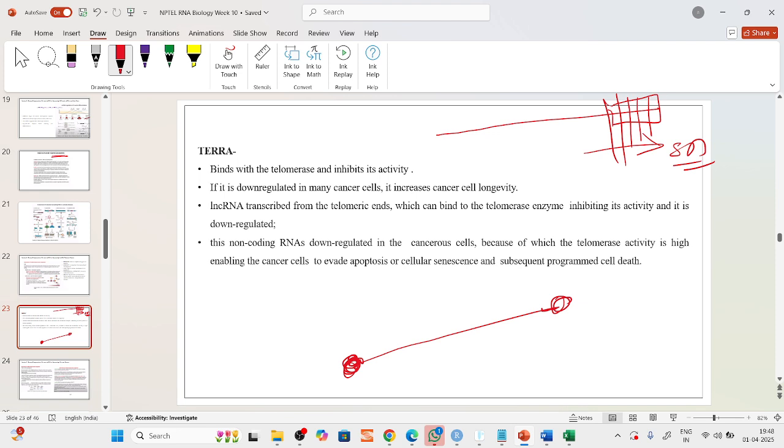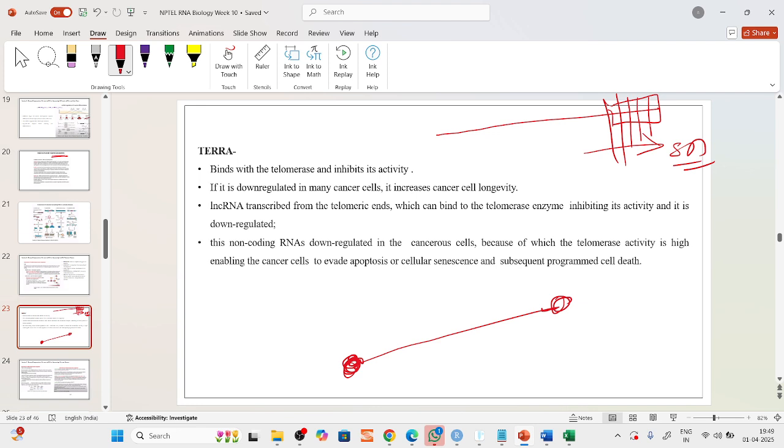But we know that cancerous cells have a property of uncontrolled proliferation, and they do not show the property of cellular senescence. That means they do not die. If they do not die, this means that their telomeres are constantly getting refreshed. Constantly new telomeres are getting added at the ends.